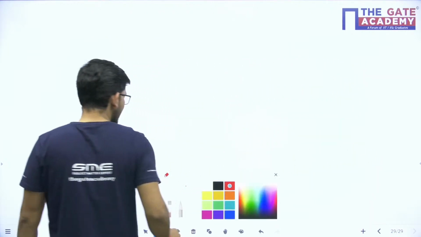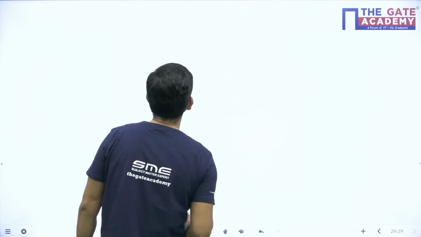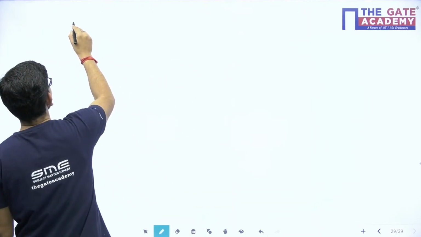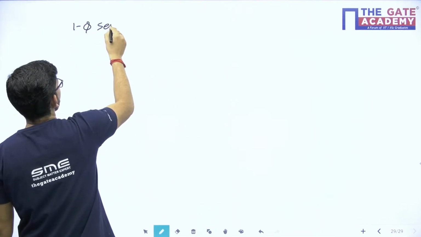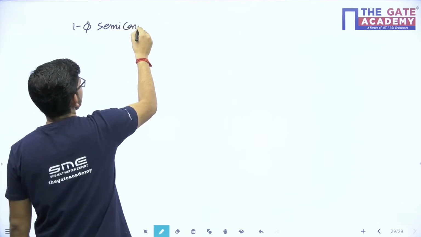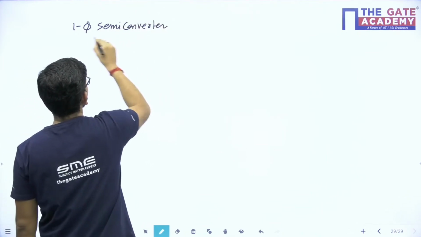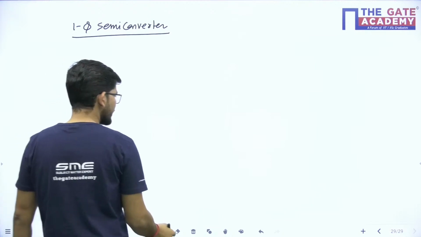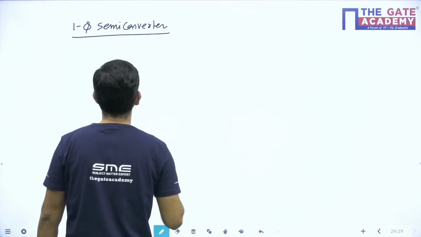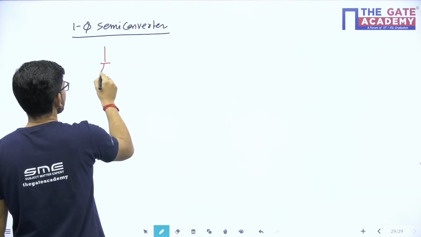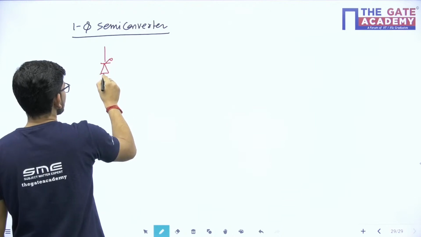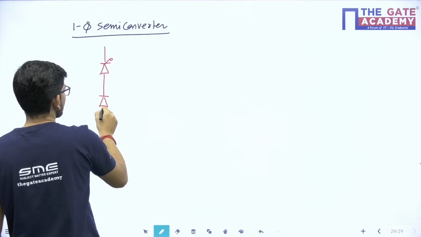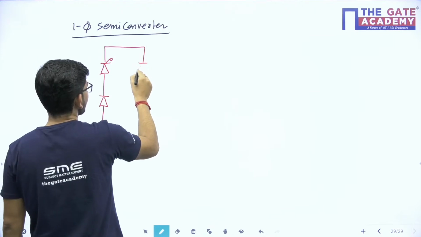Now, after the single phase full wave converter, we have the single phase semi converter. Single phase semi converter. So what is the circuit diagram? We have this particular circuit diagram with us.